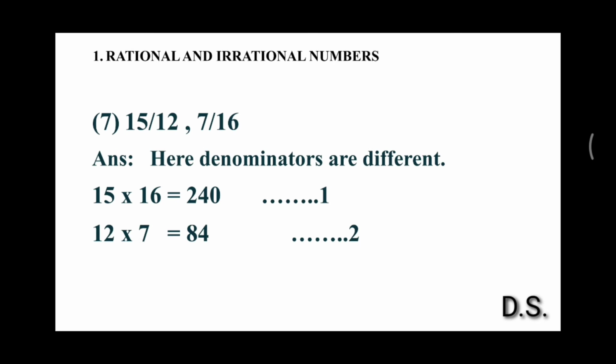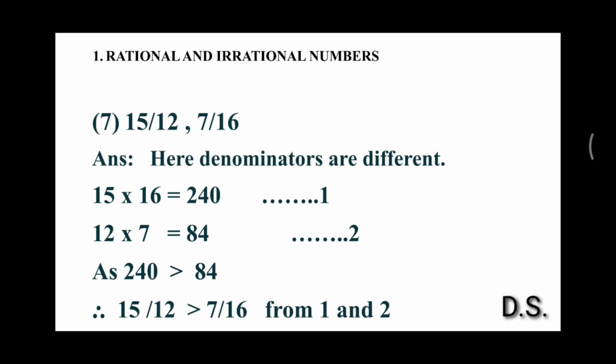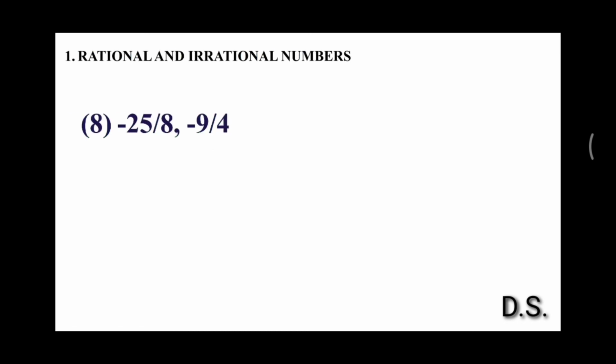So we'll cross multiply: 15 into 16, which is 240, and 12 into 7, which is 84. Now compare 240 and 84. You will have 240 is greater than 84, therefore 15 upon 12 is greater than 7 upon 16.